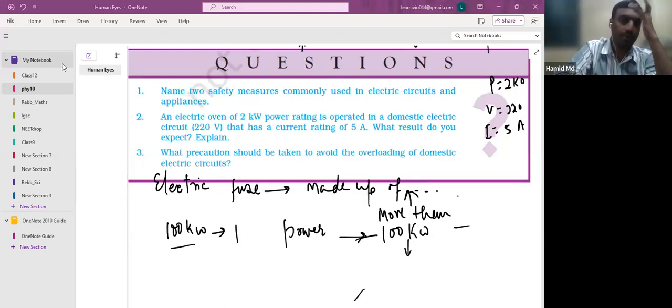What are 2 safety devices we use in our appliances? Electric fuse and proper earthing. That 2 are already named over here. Okay, so what are those devices?